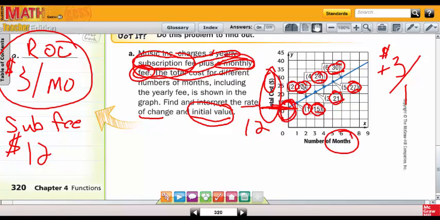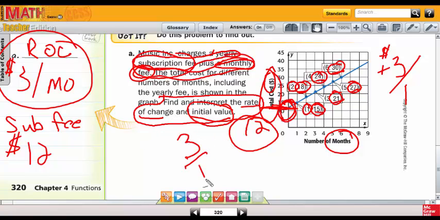That's the initial value. And that's the key thing I want you to do on these problems: focus on the last sentence where they ask you specifically what they want you to find. Do the math to find the initial value of 12. Do the math to find the rate of change of 3 over 1, our slope, our m equals, okay?